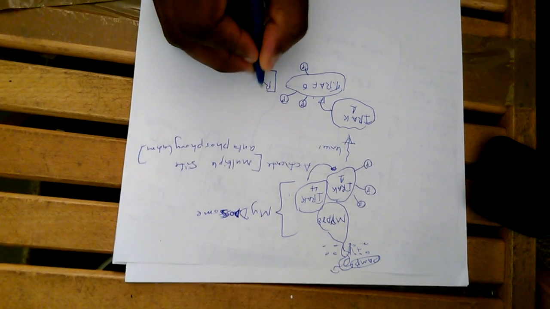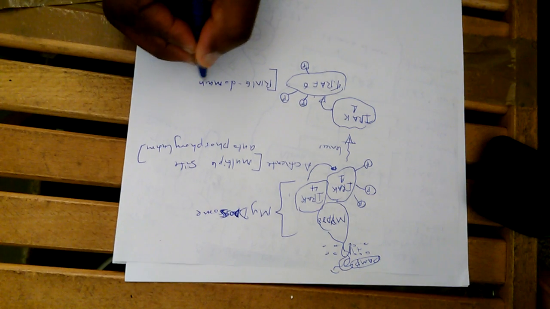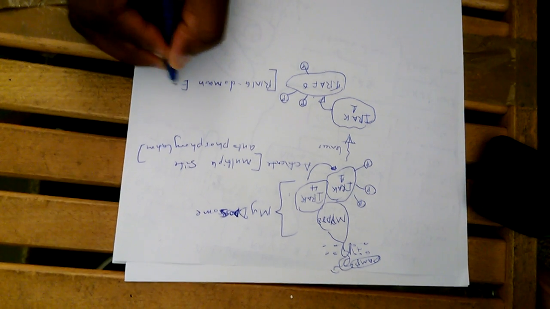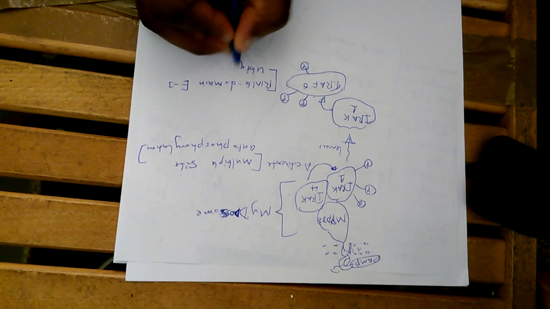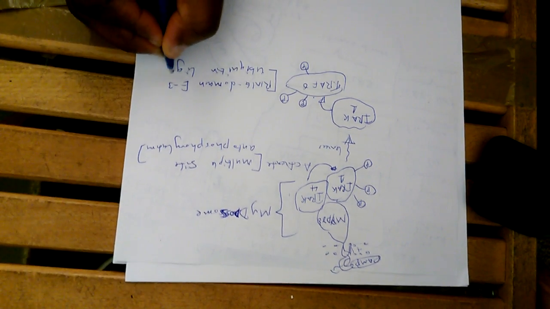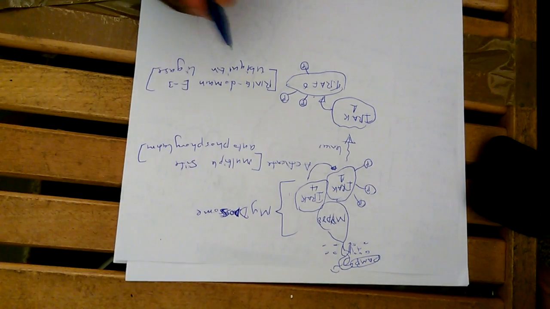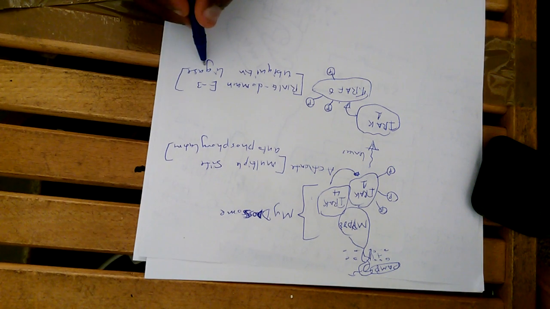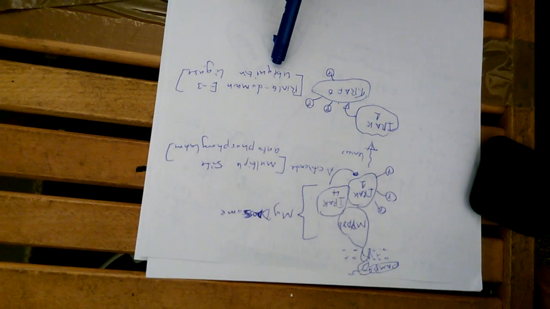So IRAK1 is a kinase that activates TRAF6 by phosphorylating it, and TRAF6 is also known as a RING domain E3 ubiquitin ligase, right? This tells you something. It's a ligase that does ubiquitination.